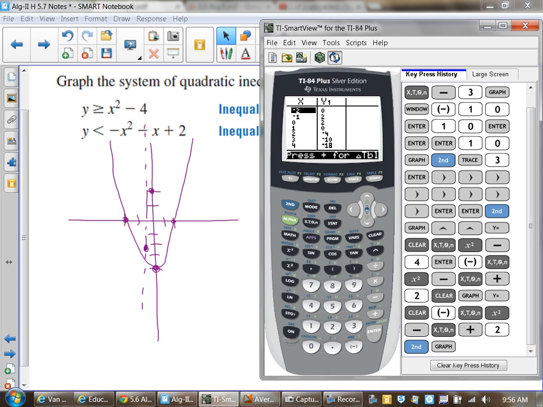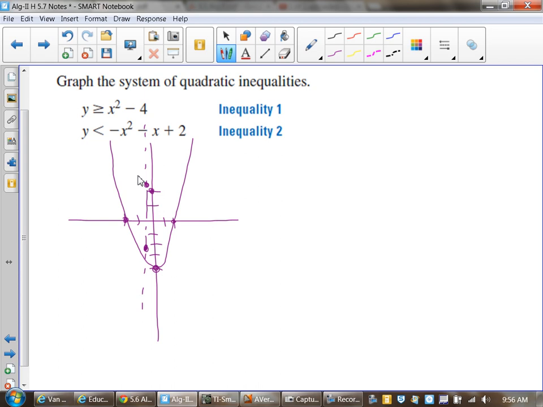At -2, it's 0. At -1, it's 2. So the vertex is here, and it's going up like this.